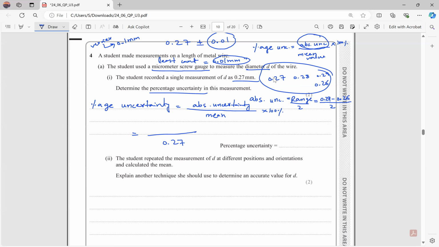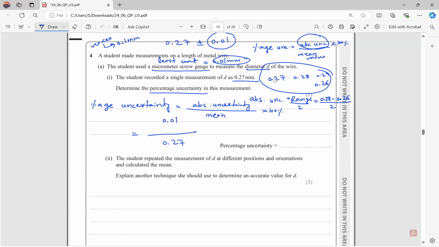But that is not the absolute uncertainty. Since it's an analog measuring device, you will divide that by 2. An analog device is one where you have to take the reading instead of it just showing you the final value on a screen. So you have to divide that by 2.